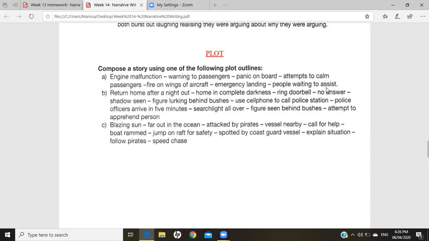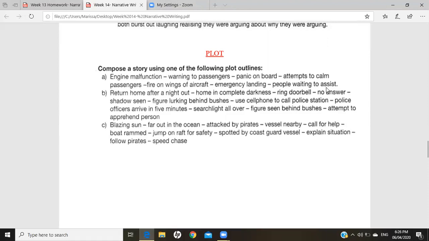And that's how the fire started on the aircraft on the wings. And well, the air hostess and the others were trying to calm the passengers, but that didn't really work out. Until they had to do a safe landing.